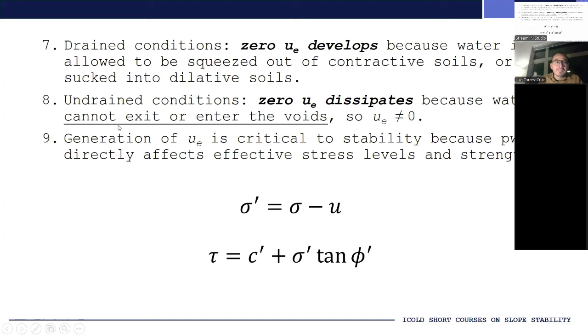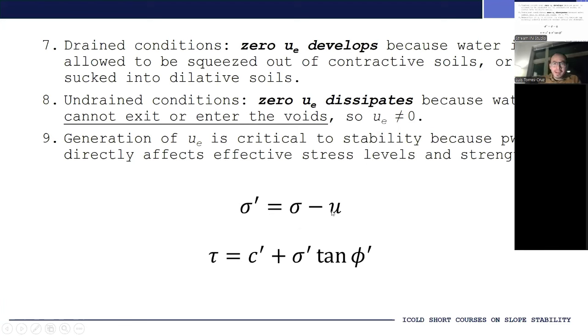I'm going to come back to the point of why water may not be able to exit or enter the voids just now. But before I address that, let me point out that generation of excess pore water pressure is critical to stability because, through the principle of effective stress, which is applicable to saturated soils, pore water pressure is going to have an effect on the effective stress, and in turn that effective stress is going to have an effect on the shear strength.